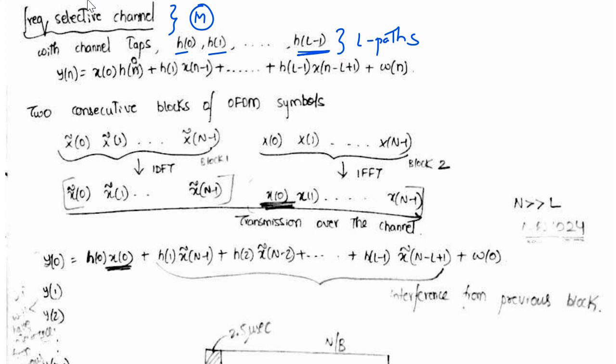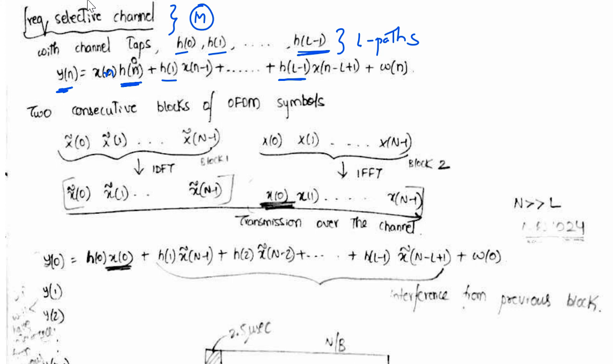Let's say for a particular received sample y of n, on all these multipaths we will receive some signal. So on h of 0, h of 1, like that till the last path. On h of 0, we will get, let's say, x of n.